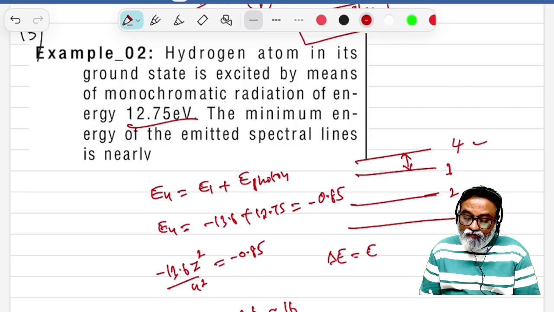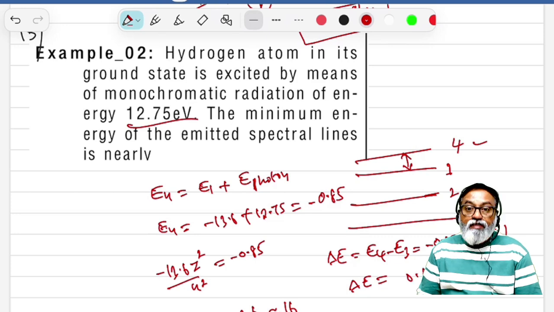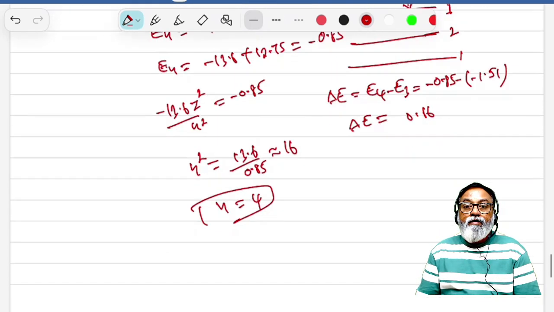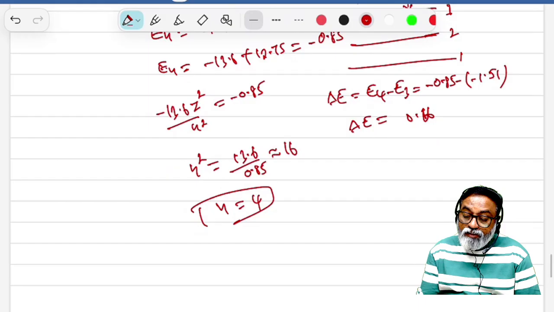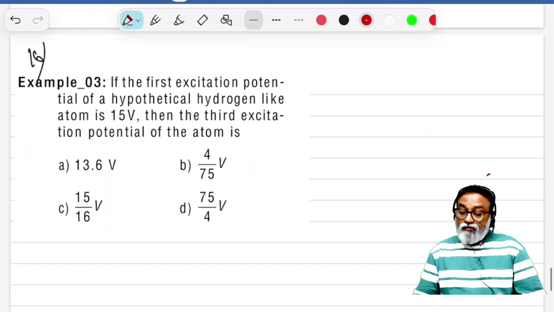Therefore, delta E is equal to E4 minus E3. E4 is minus 0.85. E3 is minus 1.51. Therefore, this minimum energy is 0.66 electron volts. Next one.